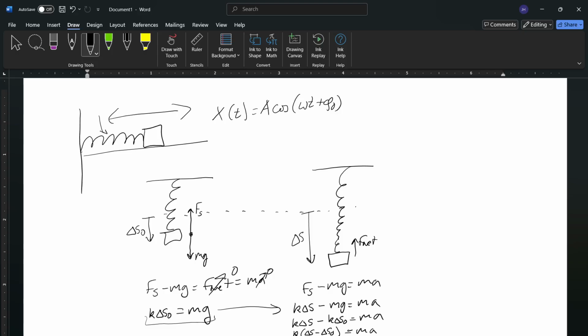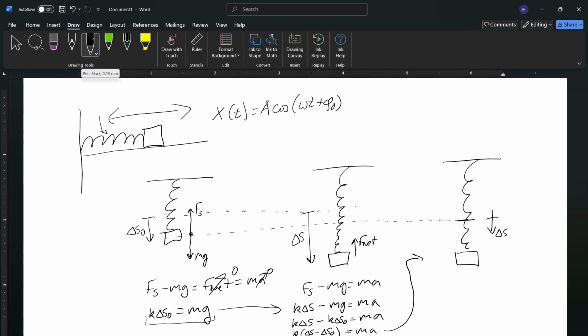Well, that sure looks like this scenario here. If I take this spring, and assume that the position where it hung without moving is my new equilibrium point, and I measure from that point, that is the same as the new displacement.